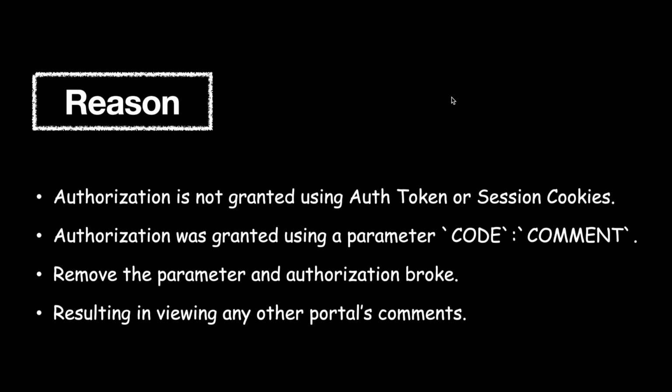If the attacker removed this parameter, authorization broke, and this resulted in viewing other users' portal comments. I'm still not sure if this is the actual reason, because when we bug bounty hunters test a website, it is completely black box. We are not seeing the code in the backend. Still, this is a reason I can think of. By removing this parameter, I managed to bypass this 403 forbidden error.